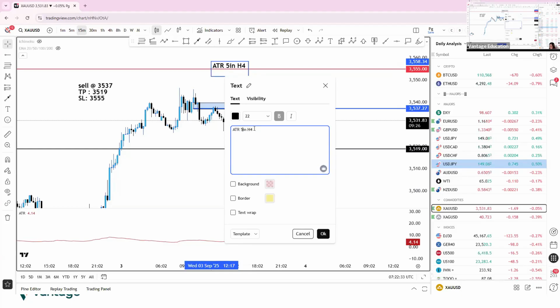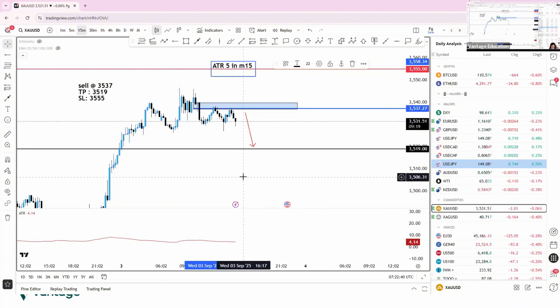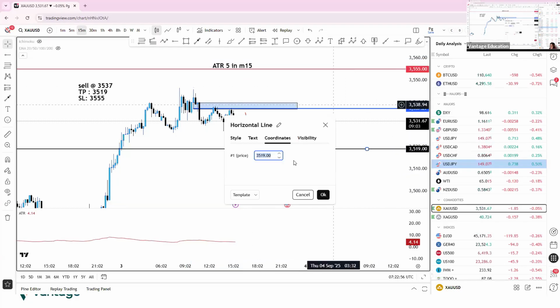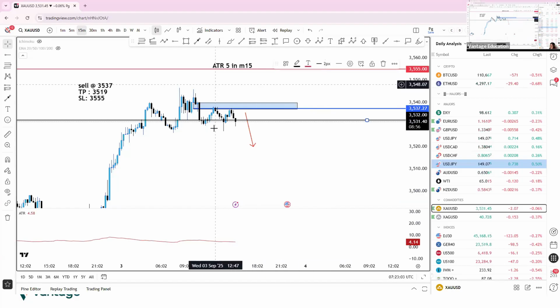I just find the ATR in M15. Since our entry is at 3537, I'm going to minus 5 for my take profit. Where is my TP? If I already hit my take profit, where? 3532. Already hit my take profit, right?